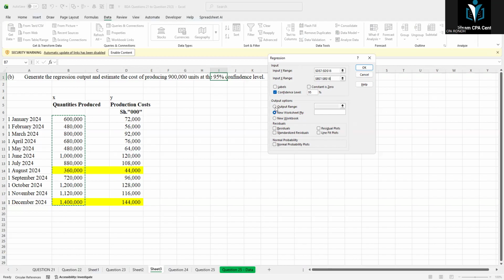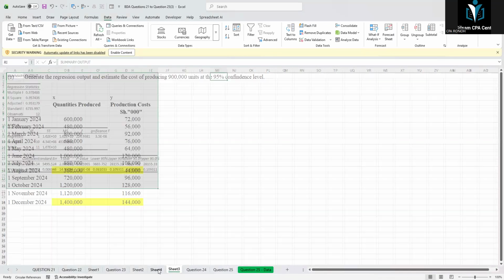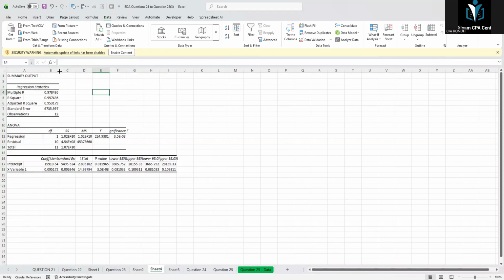Okay, just click OK, and you can see it has been generated in a new worksheet.